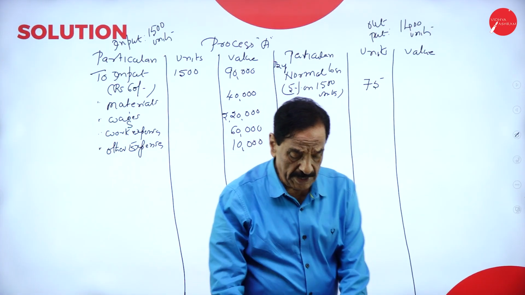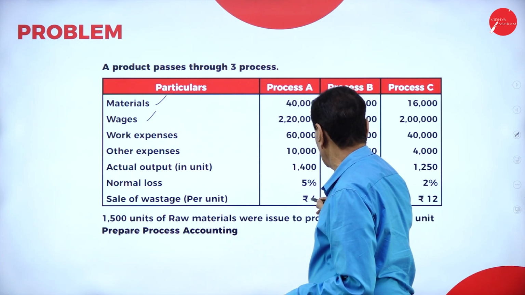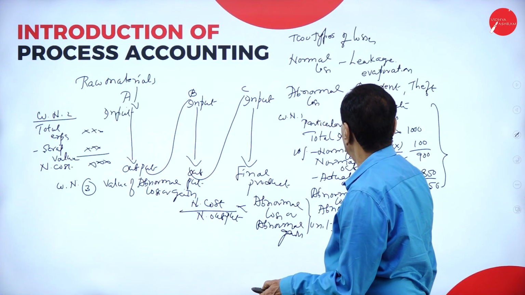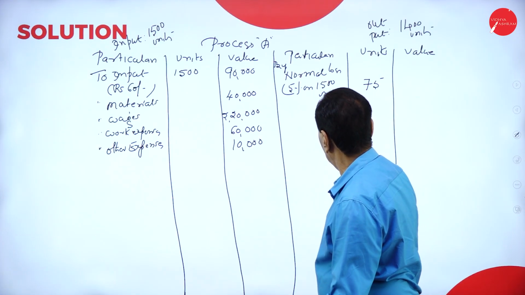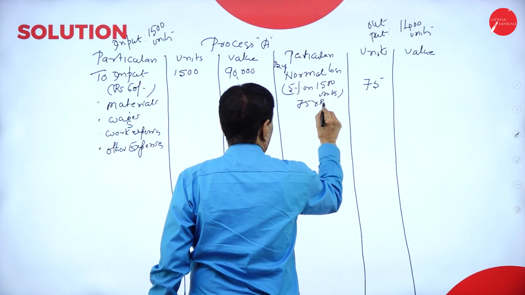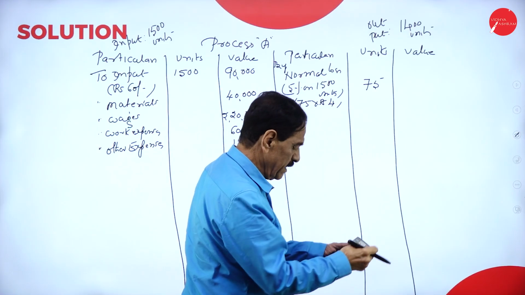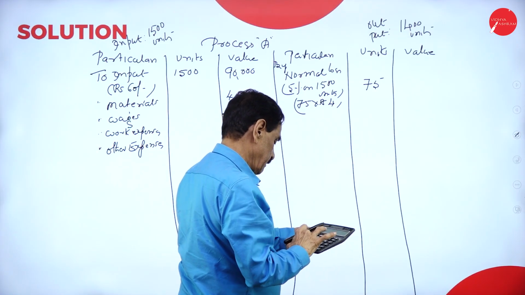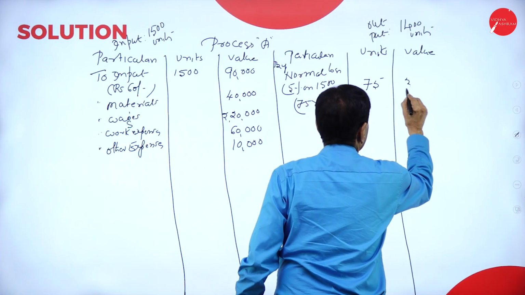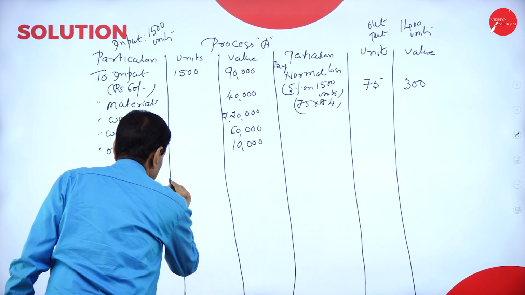Per unit, how much has it been sold? Normal loss 5% has been sold at rupees 4. So it is 75 into rupees 4, 300. Now, close this.